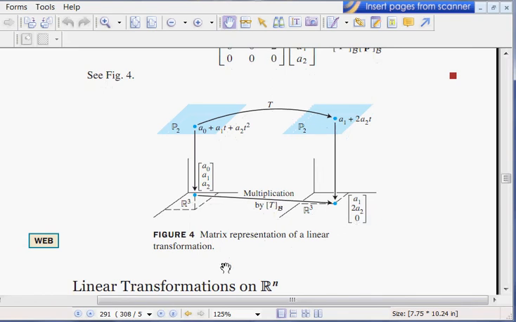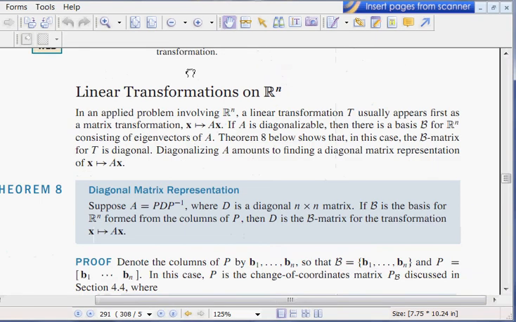So now I want to move on to this stuff, and this stuff is even more tricky. Diagonalizing A amounts to finding a diagonal matrix representation of x to Ax. Suppose A equals P times D times P inverse, where D is a diagonal n by n matrix. If B is the basis for Rn formed from the columns of P, then D is the B-matrix for the transformation x to Ax.